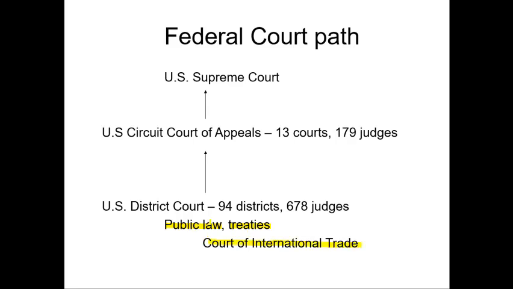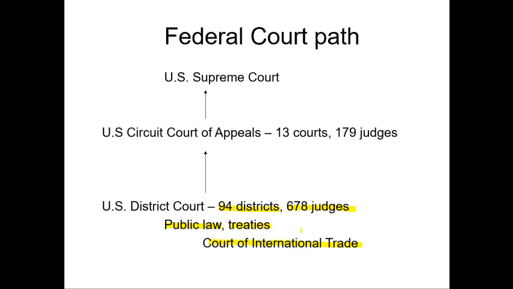And as we saw on that map, we've got 94 federal district courts with 678 judges spread out over those 94 districts. All of these judges are appointed by the president, and they're appointed for life. So therefore, the president doesn't have to appoint them every time he's elected. There are a lot of judges that will maintain their job all the way through the next presidency.